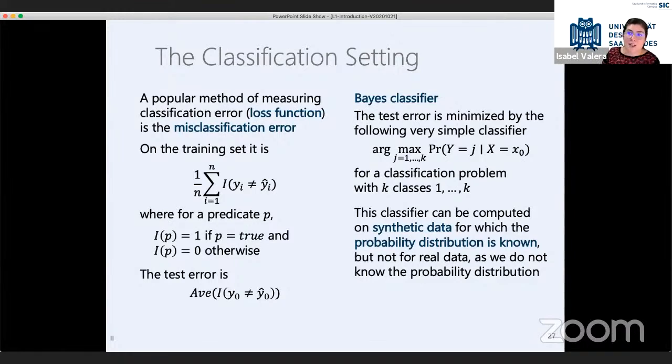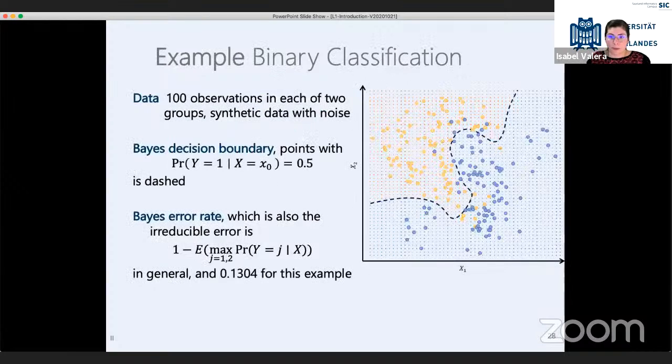When I say zero, I don't mean zero error, but that the difference with respect to the Bayes classifier gets arbitrarily close to zero. Because as you saw in this example, the optimal classifier, which is the Bayes classifier, still has an error of 0.13. So 13% of the time it is wrong because of the overlap in your data, and there is nothing else you can do there.